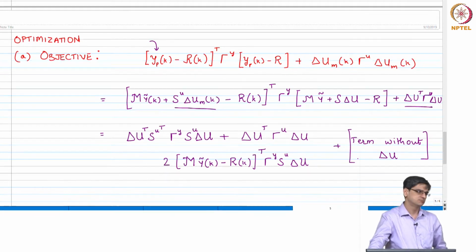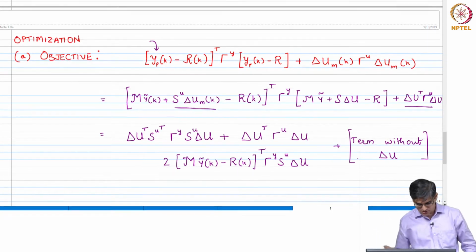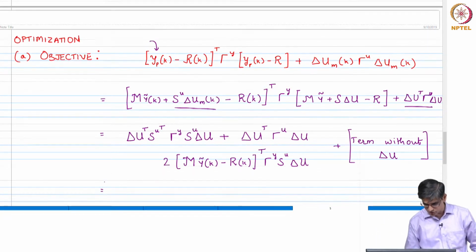As we said in the previous class, last week's class, a constant term does not change the minimum value that your delta u is going to get. Okay. So, this now is in your standard form.